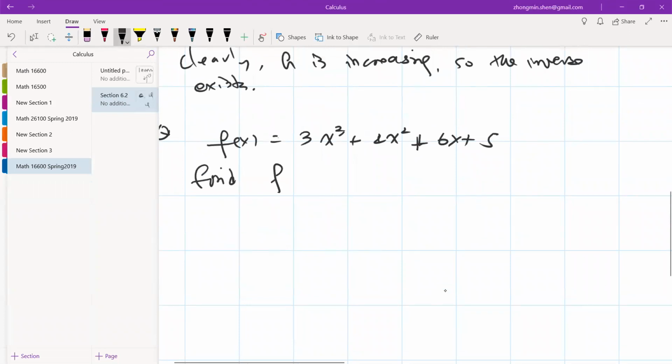Find the derivative of the inverse function at 5.